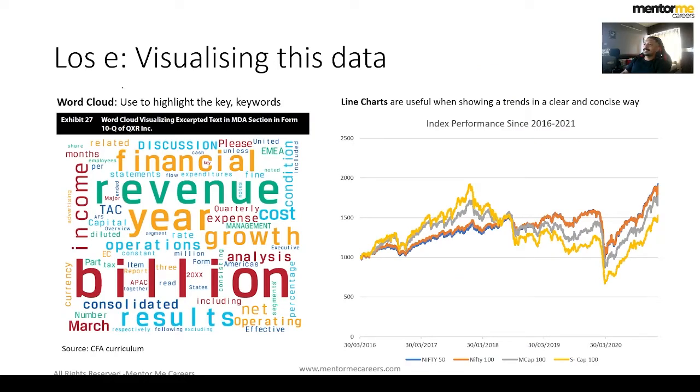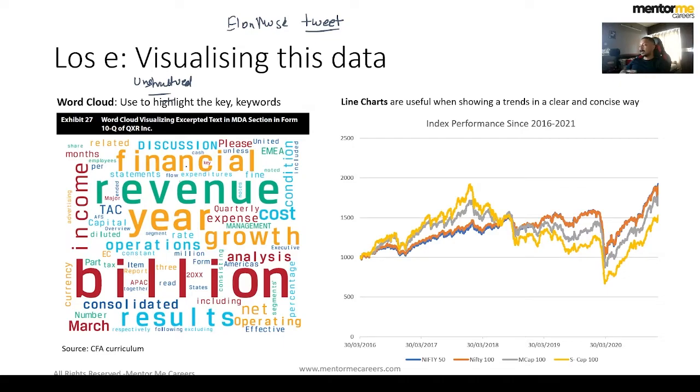Word cloud, when you're dealing with unstructured data. For example, if you want to track what Elon Musk tweets and find out the keywords he talks about, which might be useful for analysis, you can't really structure that data in a line chart, so maybe you would prefer creating a word cloud.